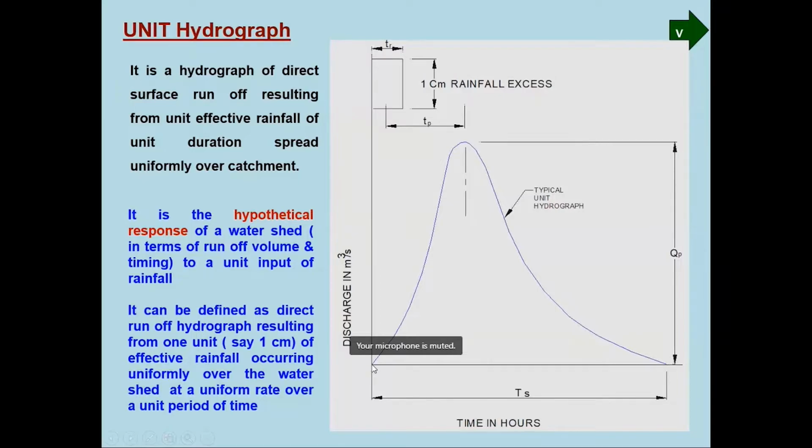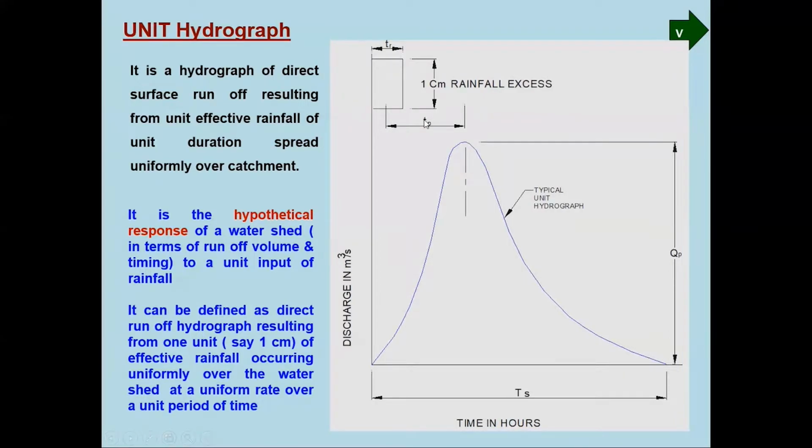Because of the rains, the discharge will start, it will reach a peak, and then it will again come down. So this is the base of the unit hydrograph. This is the highest discharge due to this rainfall, and we will find that there is a time lag.